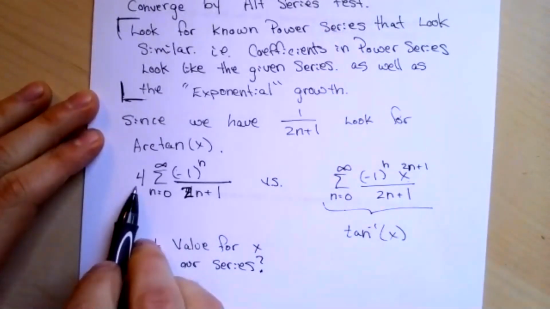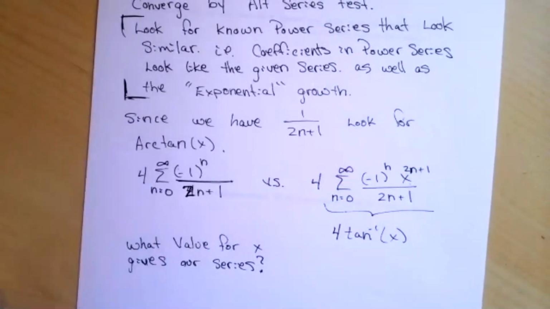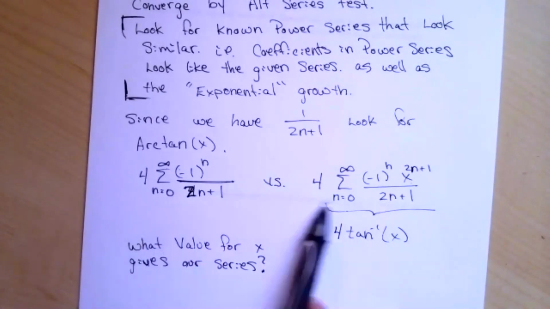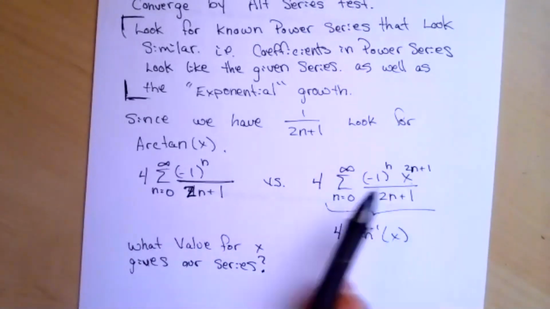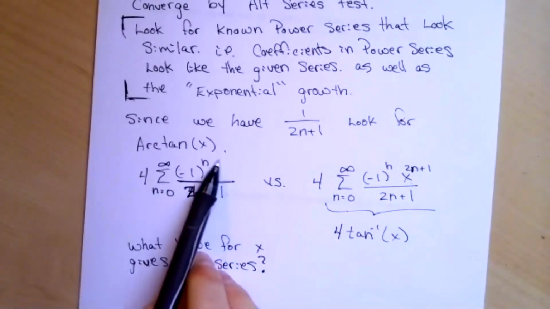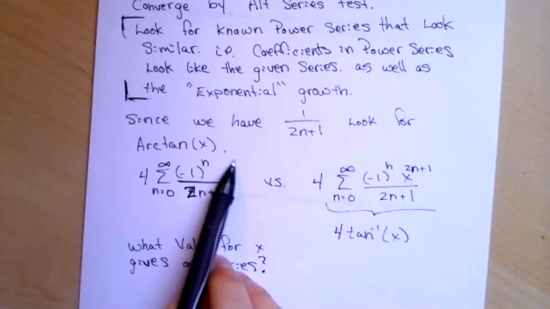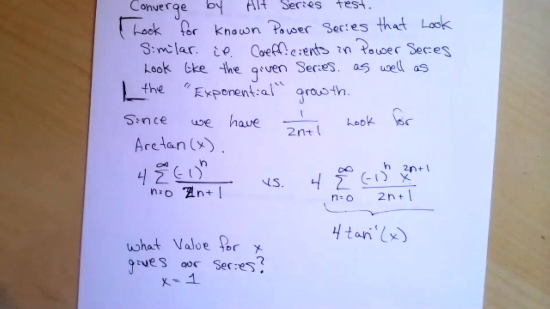And if we wanted to be a little more clear to match them, I can always multiply on the outside of a series by 4, same as multiplying on the outside of the function by 4. So now we see how closely those match up. Now we just got to figure out what x value do I stick in here in order to get this exact series. Well, there is no term that's raised to the 2n plus 1 over here. So hopefully everyone can see that we just got to stick in x equals 1.